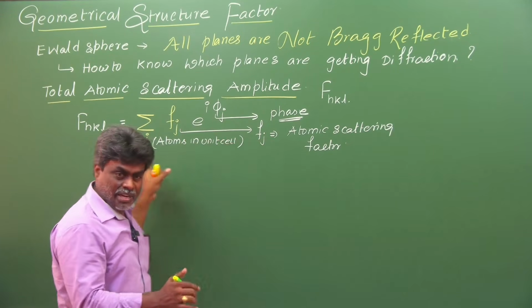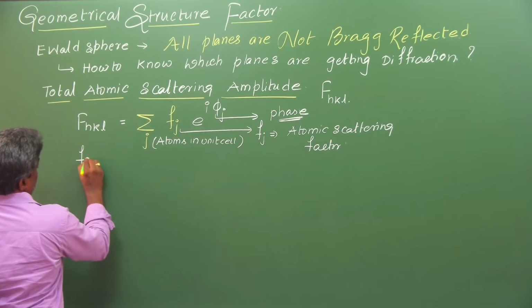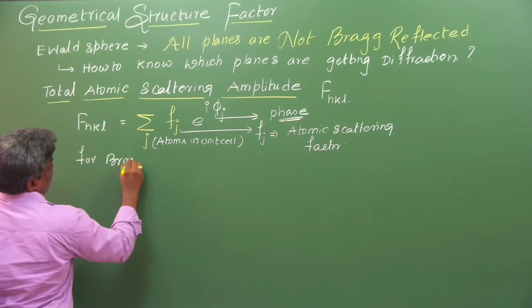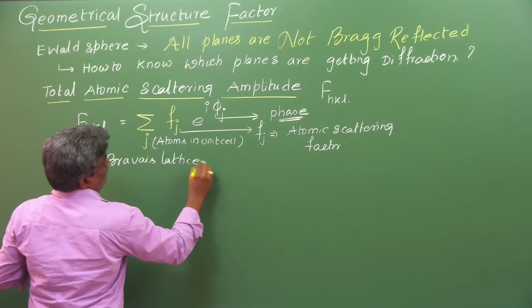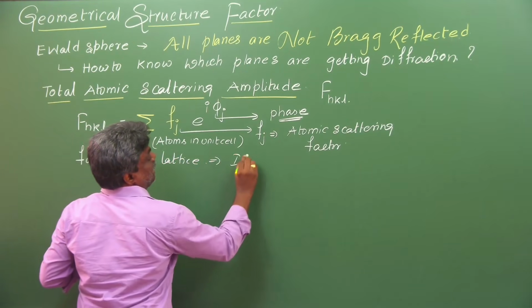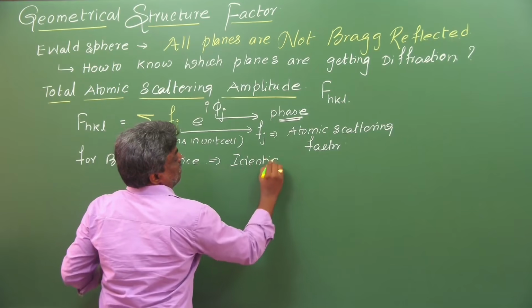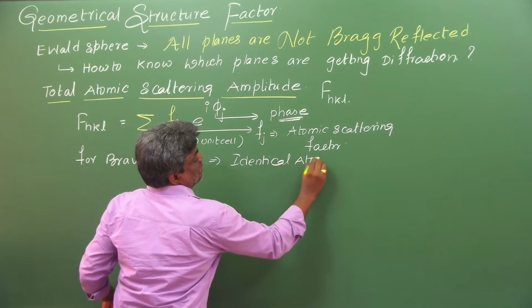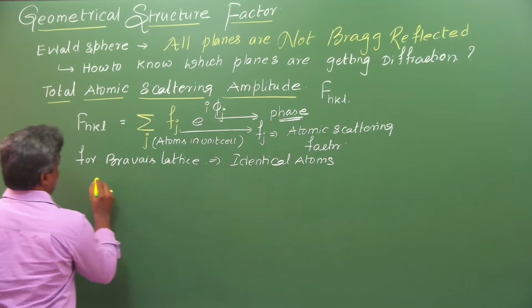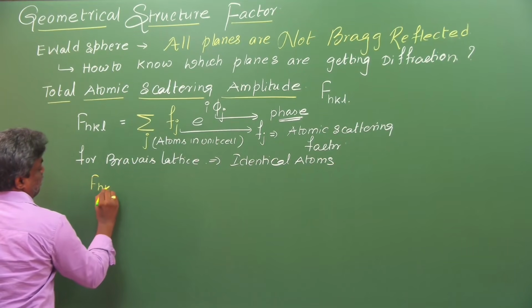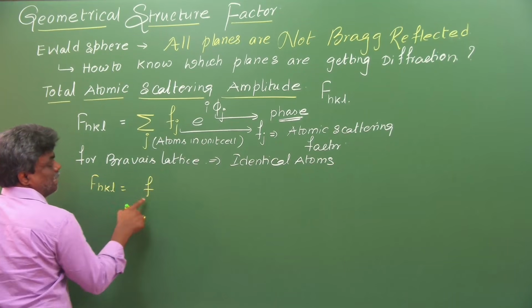Shall I bring it outside? For a Bravais lattice, that means identical atoms, so all atoms have the same Fj. That's why F HKL equals, I can bring it outside.